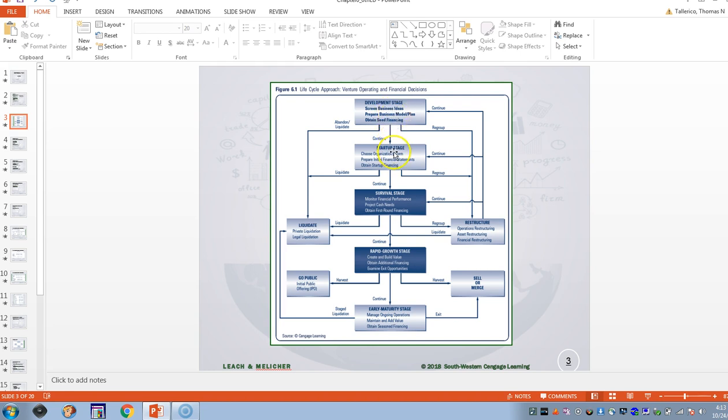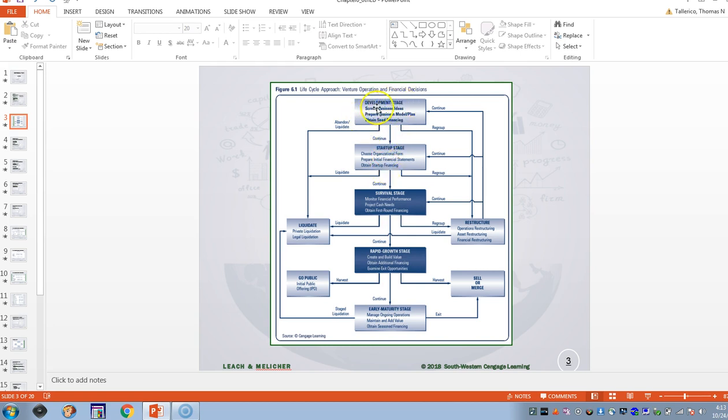The development stage, the startup stage, survival stage, rapid growth stage, and early maturity stage, right? So a simple way to look at this is D, start, survive, rapid, and early.